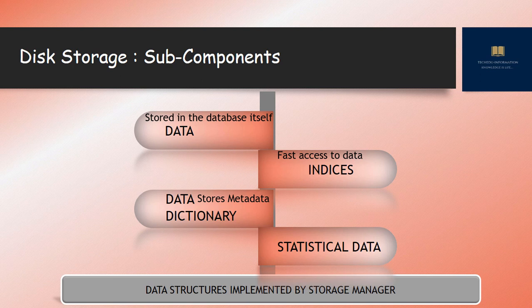So that data about data is called metadata. That's why this data dictionary helps to store metadata. And statistical data is the last subcomponent of this disk storage, which is a collection of numerical data. So these are the four data structures which help easily access our data from the database. Thank you.